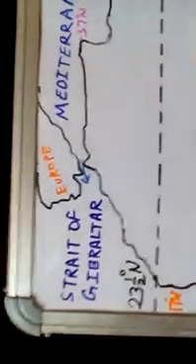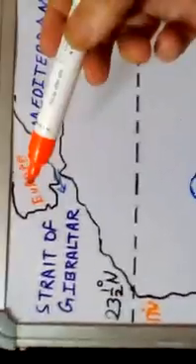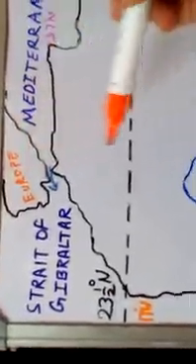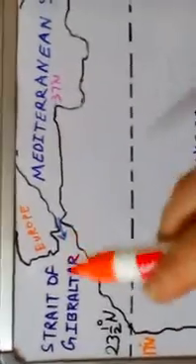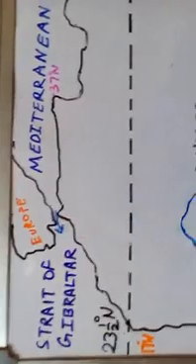It has two large water bodies and two massive landforms, that is Africa and Europe, being separated by the Strait of Gibraltar. And this you have learnt in class 6 already.